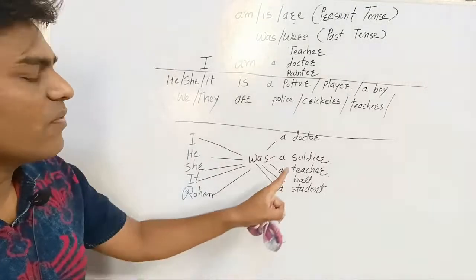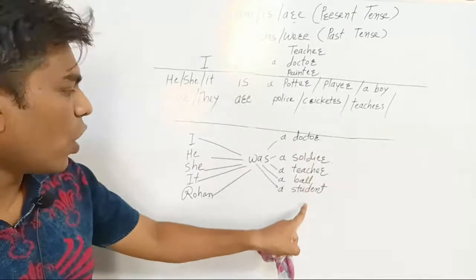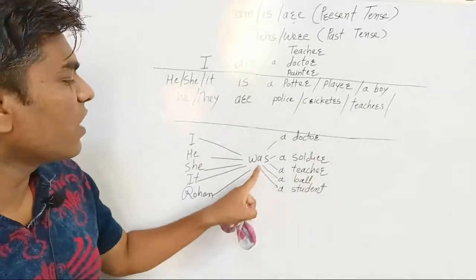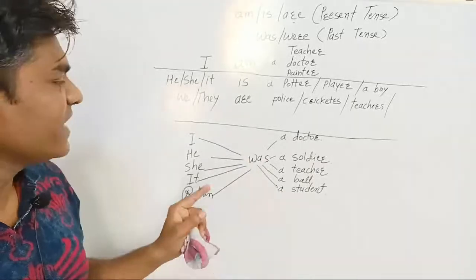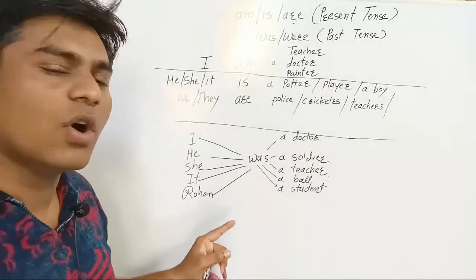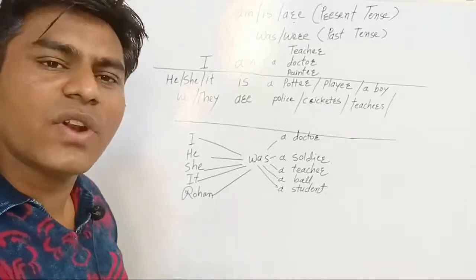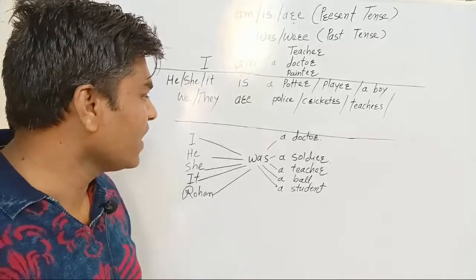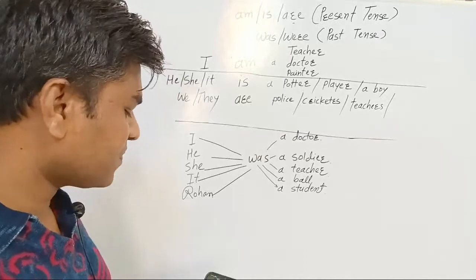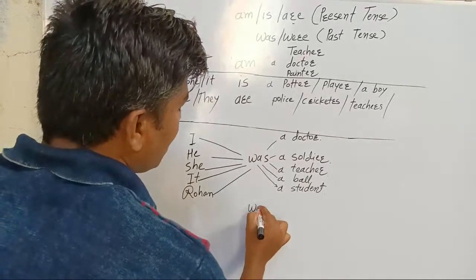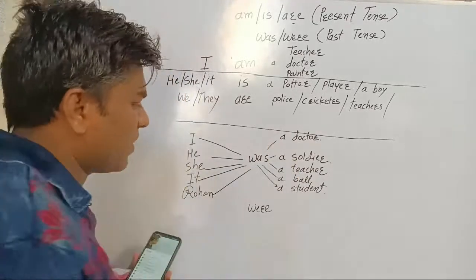Then I have written 5 different objects, and there is only one auxiliary verb, was, the past auxiliary verb, and we did how we can make different sentences. Getting? Now friends, there is were, this auxiliary verb, the plural auxiliary verb.